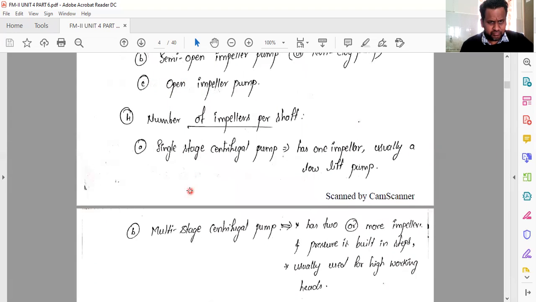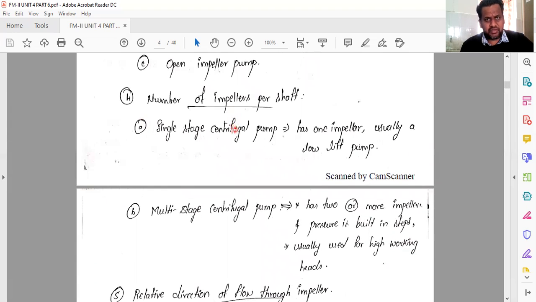And the number of impellers per shaft. So you know there will be a motor. The motor will convert electrical energy to mechanical energy. That is nothing but a shaft which starts rotating. Because that shaft starts rotating, the impeller is mounted on that shaft, and so the impeller also starts rotating.